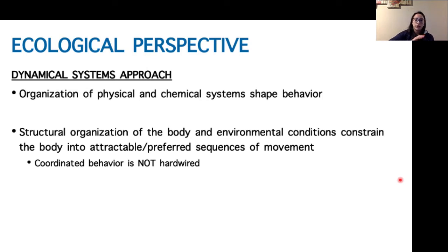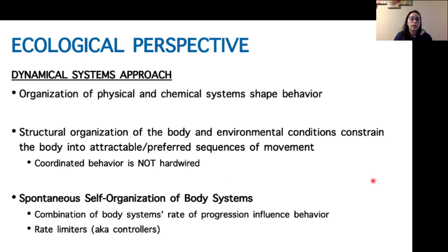So if we are reaching and grasping for something, we can change our behavior based on the constraints of the environment, right? What's the size or the shape of the object we're grasping for? Or is there something in the environment that's going to affect the speed at which we're reaching and grasping? Because we have an infinite number of possibilities of things that could happen in our environment, we then have an infinite number of possible coordinated patterns that can be a result. So it's not hardwired.